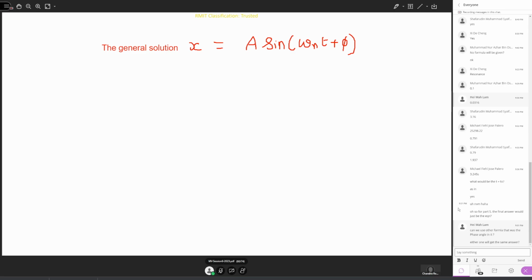When t is equal to 0, x is 0.04, so you can write A sin 0 plus phi.